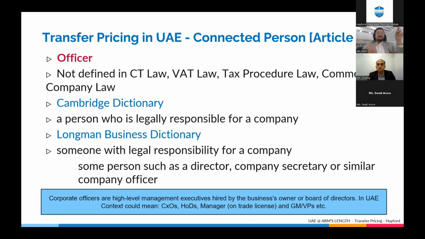That shows that this general manager is so important to this branch of the foreign entity that his name is reflected on the trade license. That is why it is rightly written on this slide that even a manager sometimes can be deemed an officer and can be seen as a connected person of an entity. So yeah, we can go to the next.